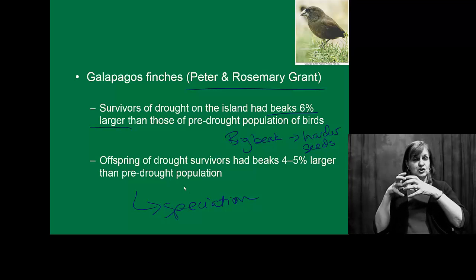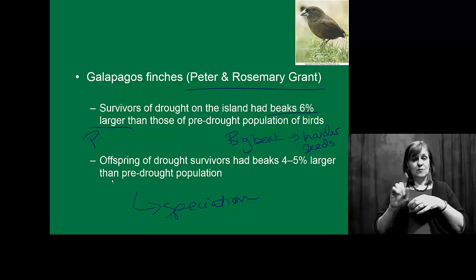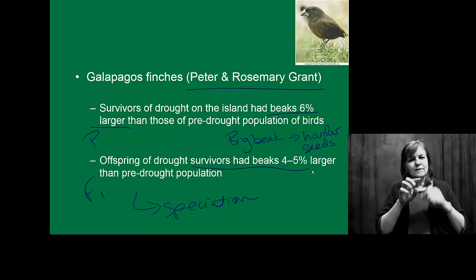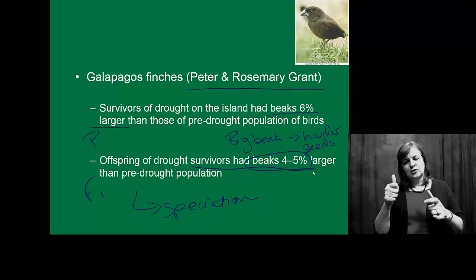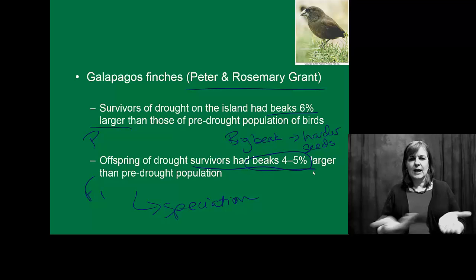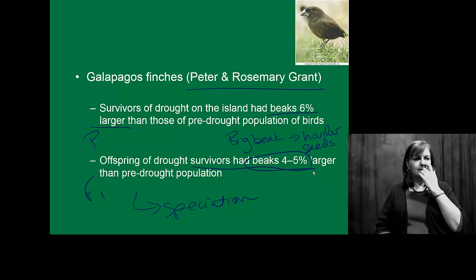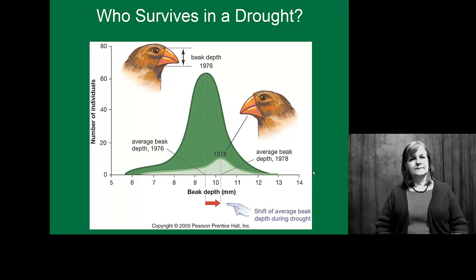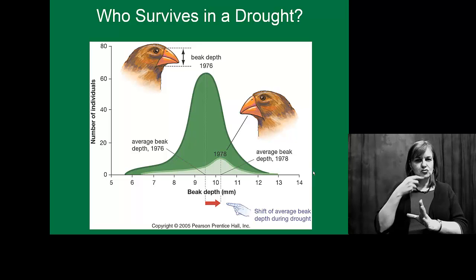So of the survivors of the drought, this is the P population. Of the F1 population, their surviving offspring had beaks that were 4 to 5% larger than the pre-drought population. So they see this repeatedly over and over again, all right?